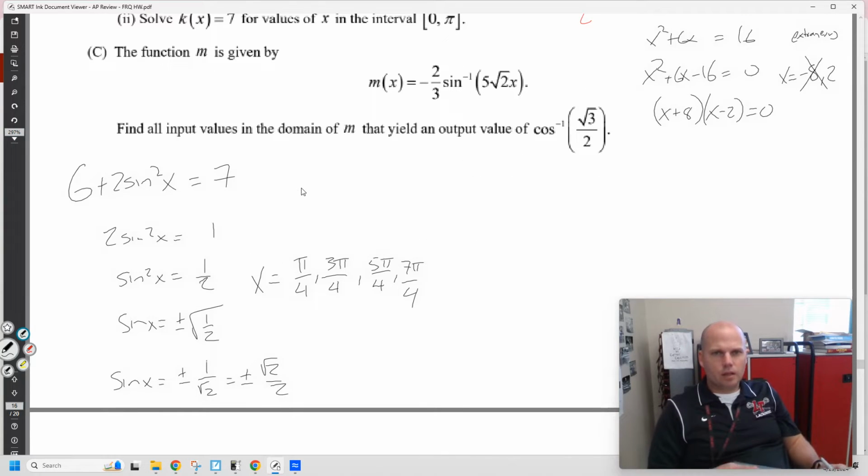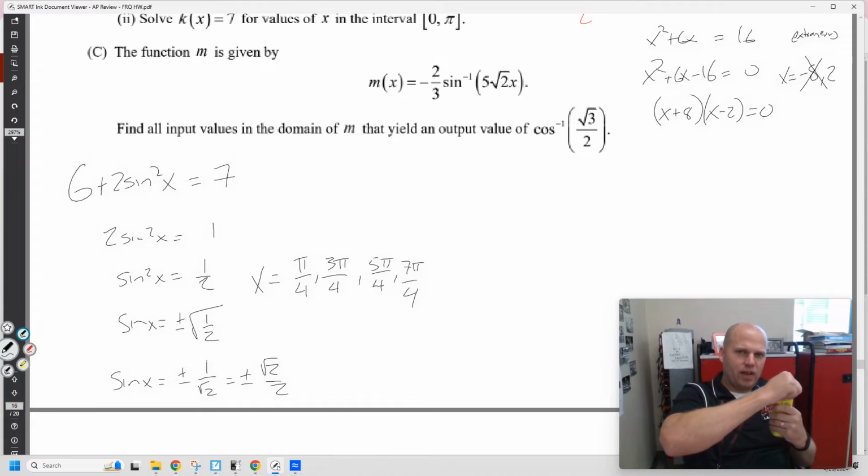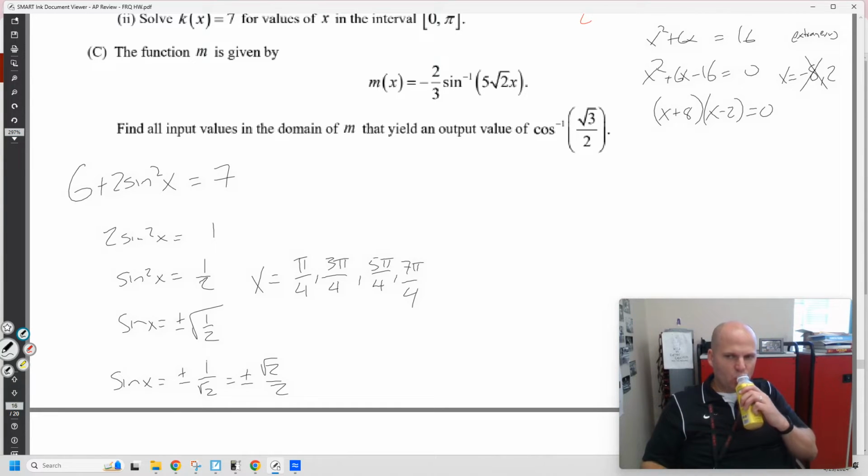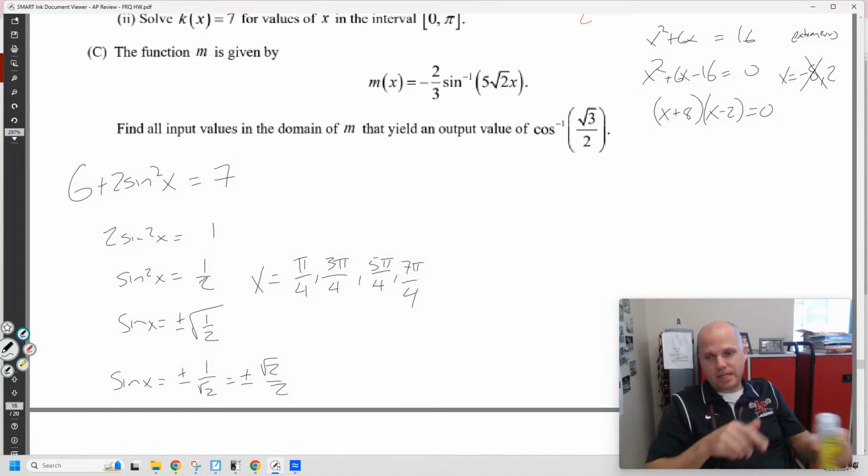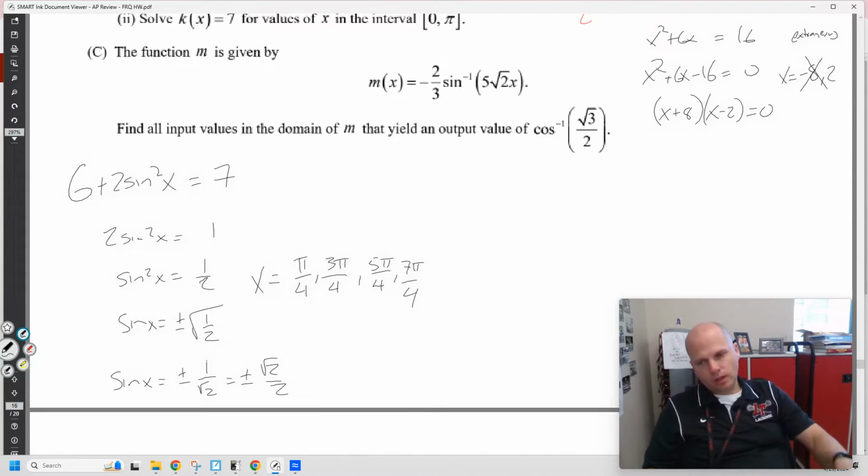And then C. Find all the input values of the domain of M that yields an output value of cos inverse 3x. It immediately gives us something that we have to figure out.